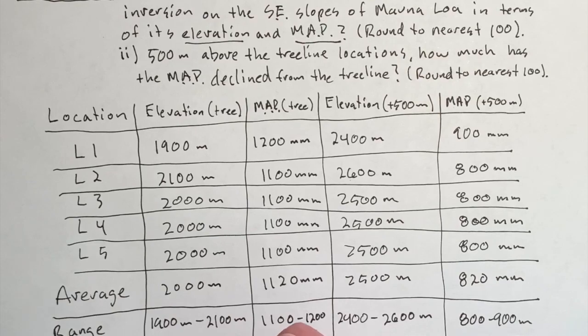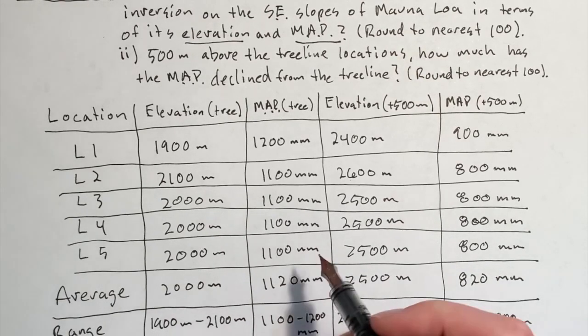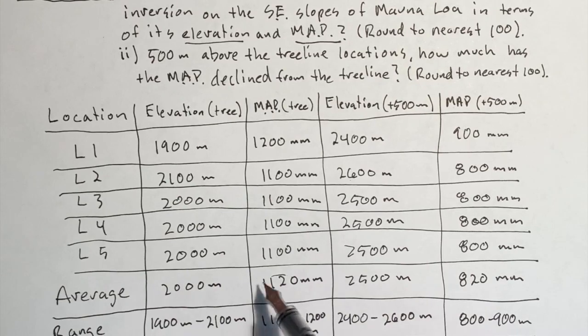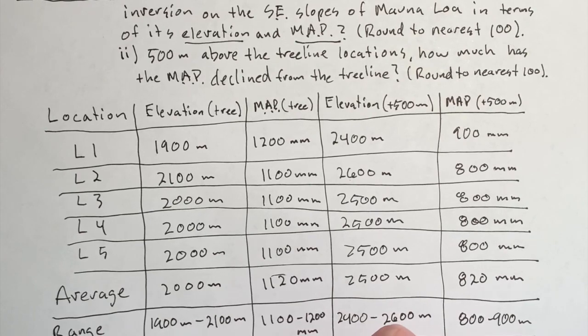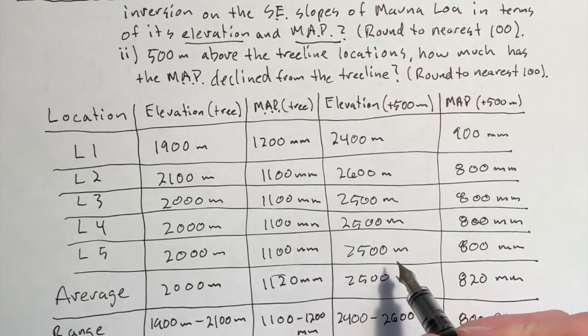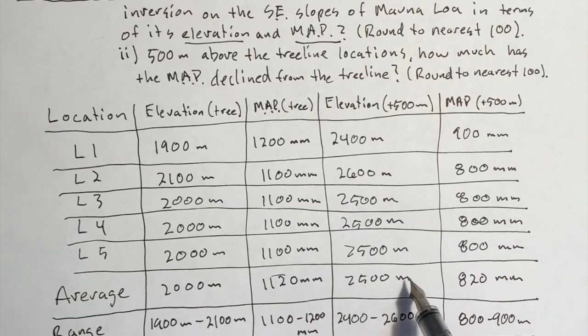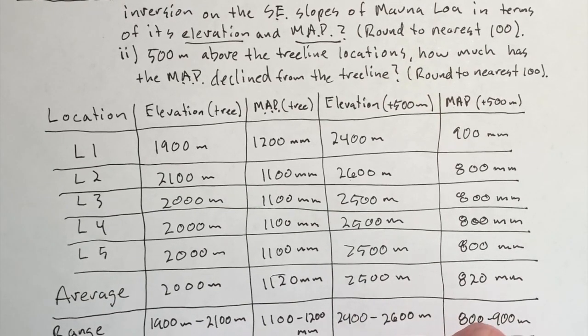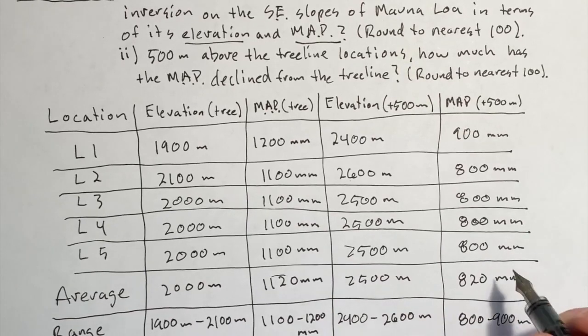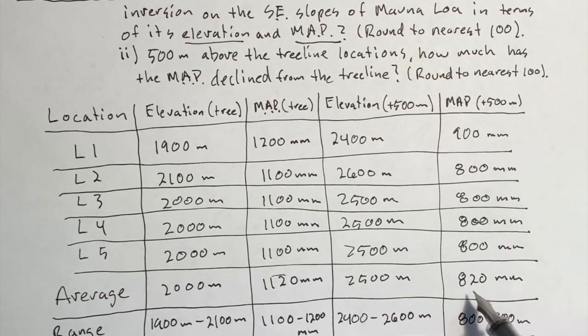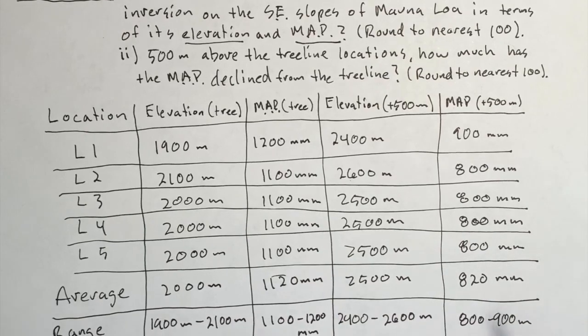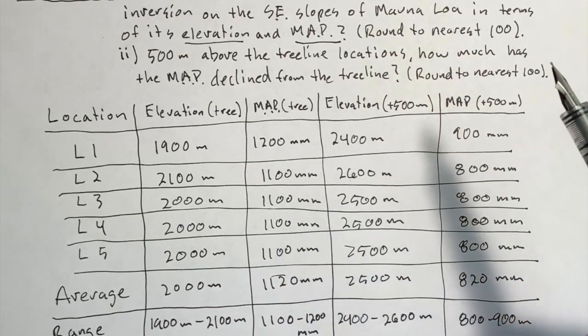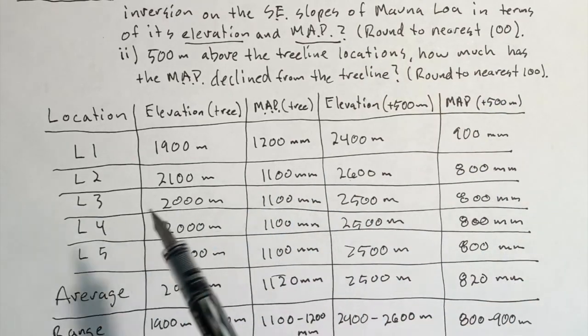It's already rounded off. 2000 meters. Our mean annual precipitation right here, rounded off to the nearest 100, is just 1100 millimeters. Our average value right here is already rounded to the nearest 100, so 2500 meters. And 820 rounded off to the nearest 100 is just 800 millimeters.